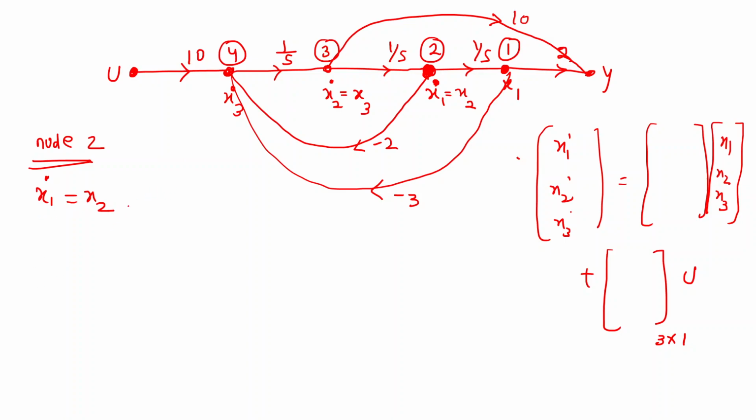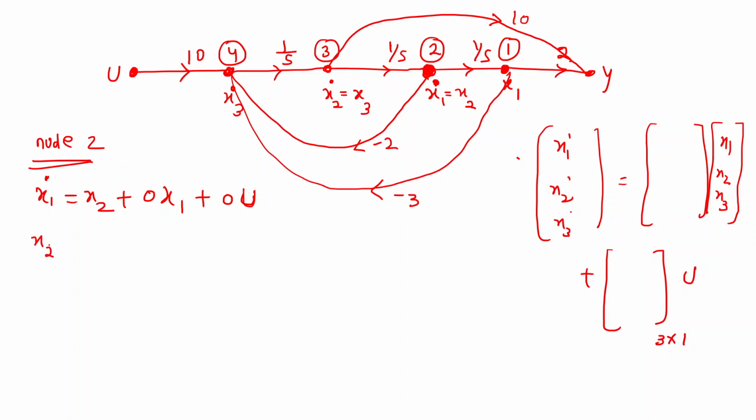This is the first equation, so now you write down the coefficients. The coefficient of x2 will be 1, and there is nothing related to x1, so write 0 x1. And there is no direct connection between node 2 and the input, so write 0 u. There is no input associated, so the input coefficient you can write 0.